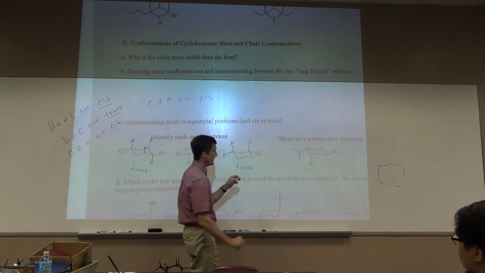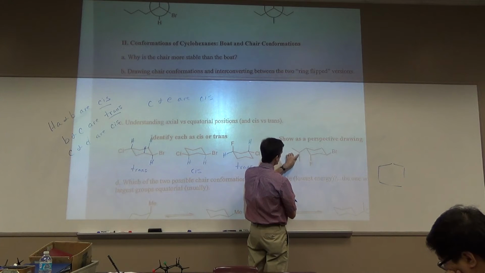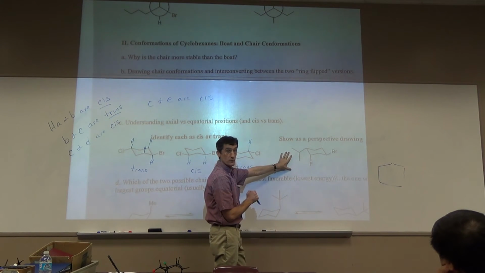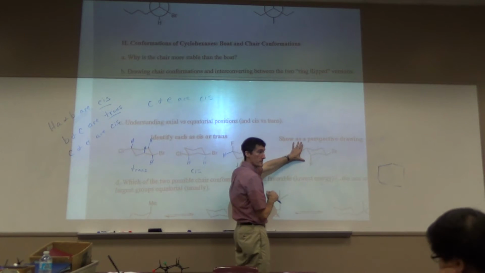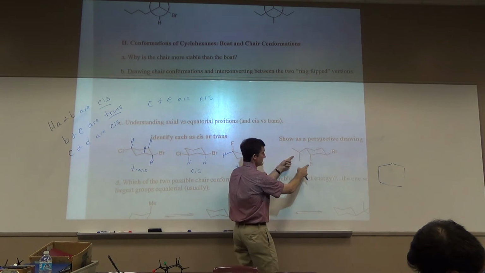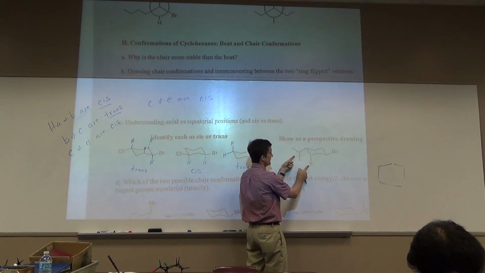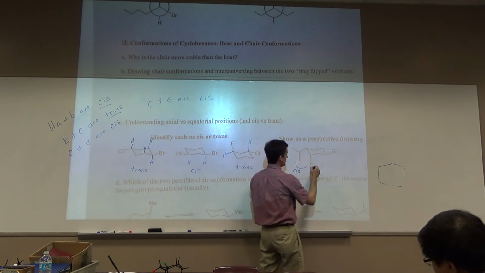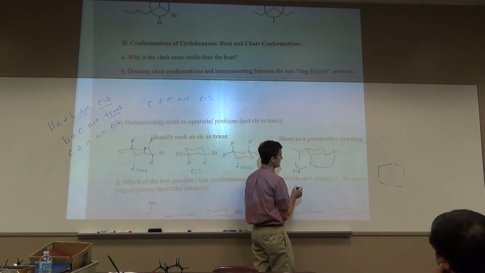First we need to start with the relationship between, what do you want to call this group? Common name, isopropyl. Between the isopropyl and the F, what's their relationship? Cis or trans? These are cis. What's the relationship between the F and the bromine?